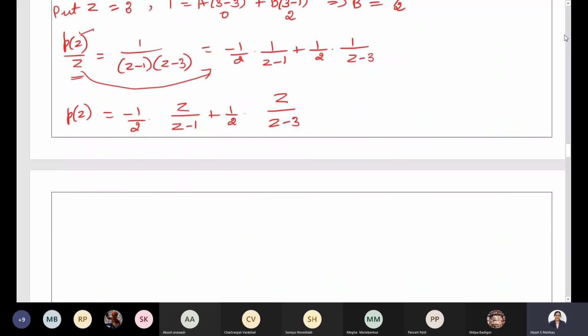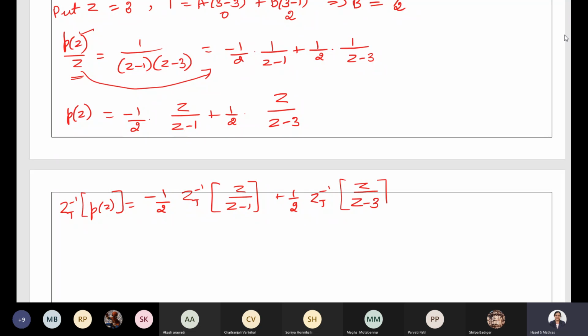Next step, find the inverse z transform on both sides. So inverse z transform of P of z equals minus half into inverse z transform of z by z minus 1 plus half times inverse z transform of z by z minus 3.